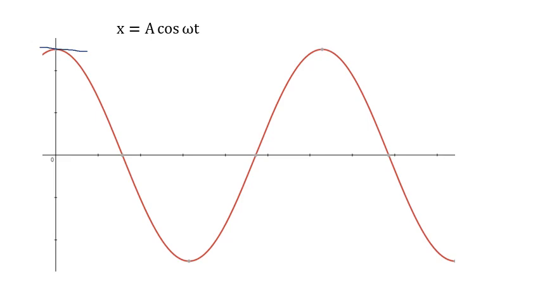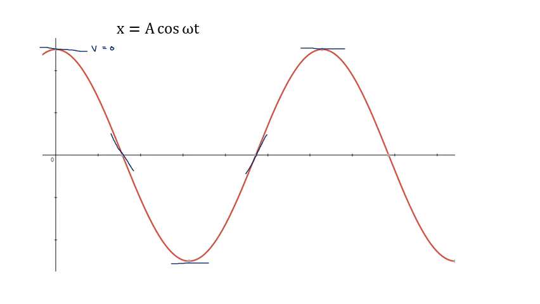Well, the gradient there is 0, so the velocity at that point in time is 0. The gradient there is a negative maximum. The gradient there is 0. The gradient there is a positive maximum. The gradient there is 0.